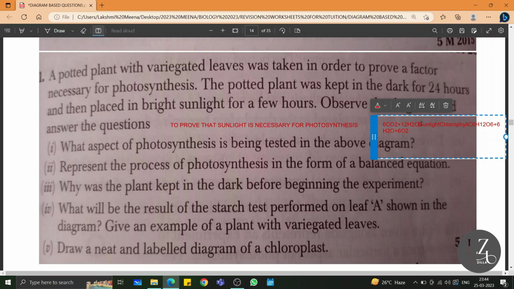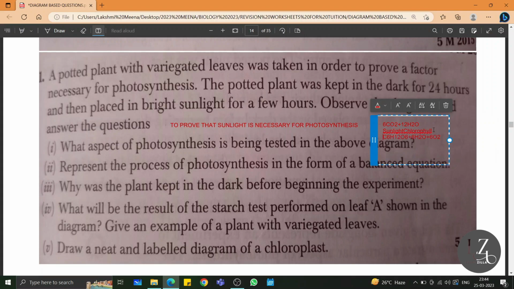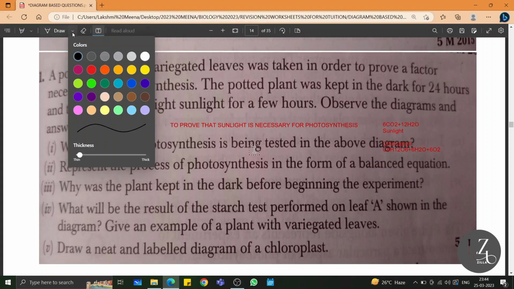Let me try putting this in the next line, and draw one arrow mark there.